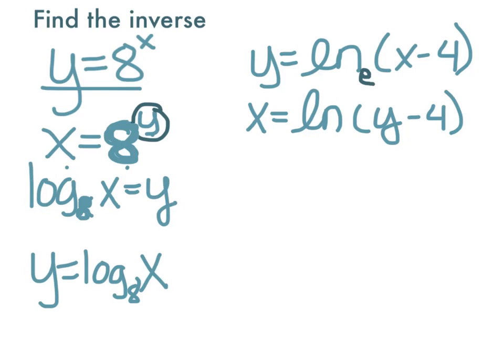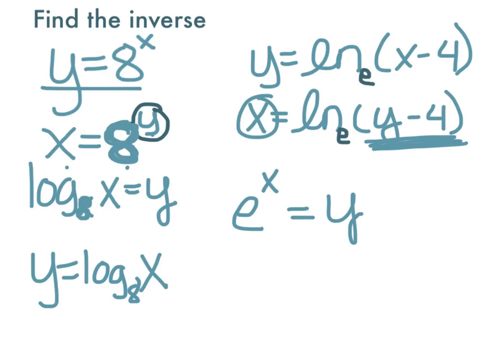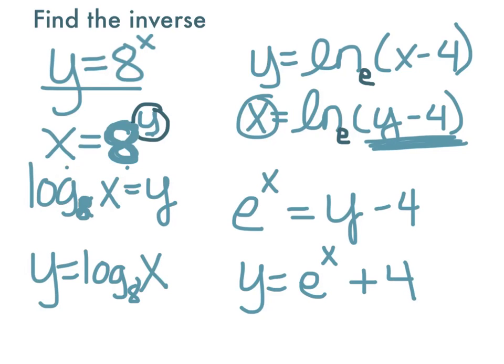So I know my base is e. The base of any natural log is e. And then the power is x. And then that equals what I'm taking the log of, in this case, y minus 4. So if I wanted to get y by itself, I would have to add 4 to the other side. Y equals e to the x, and then the plus 4 is down here. Y equals e to the x plus 4. So that would be my inverse.